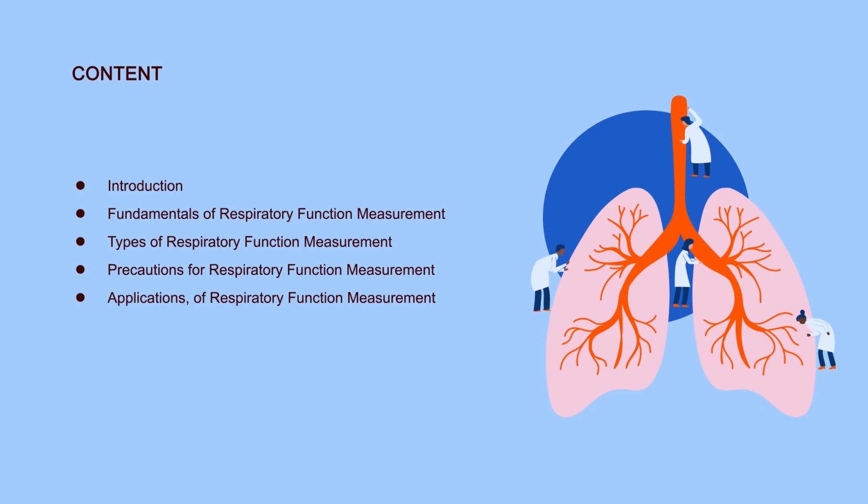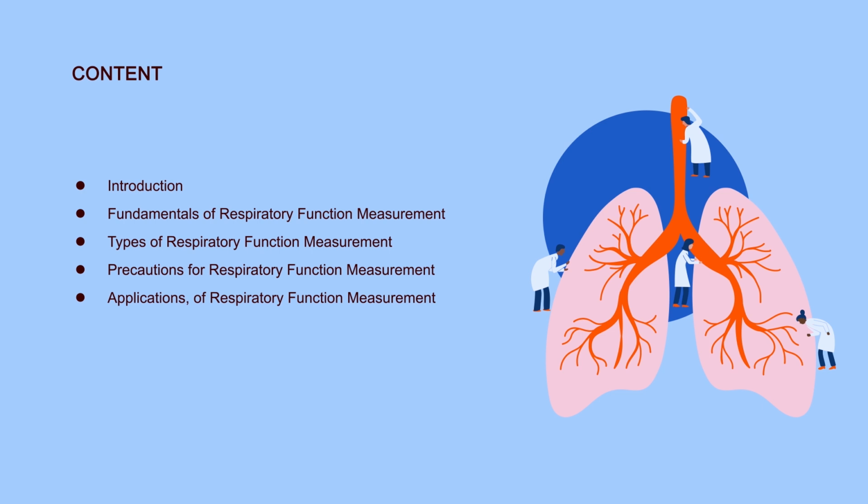Then we will move on to types of respiratory function measurement. In this, we will cover different techniques such as spirometry, peak flow measurement, pulmonary function test and capnography. We will explain how each technique works and its specific applications in clinical setting.